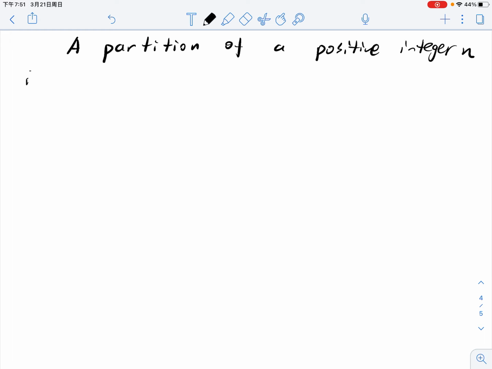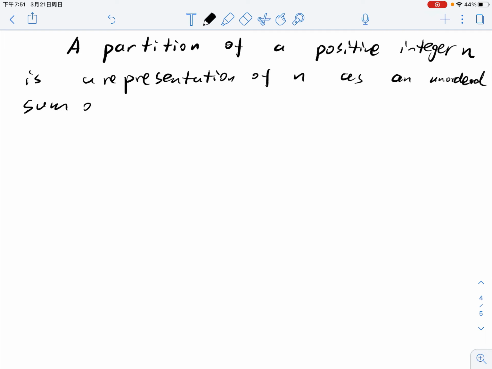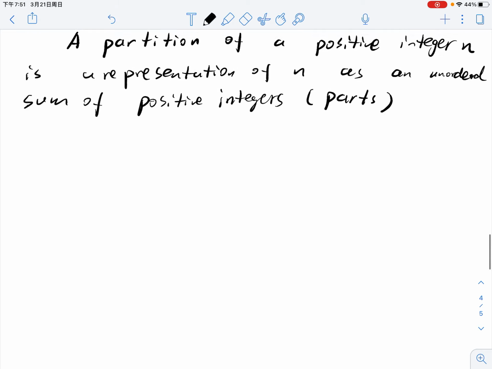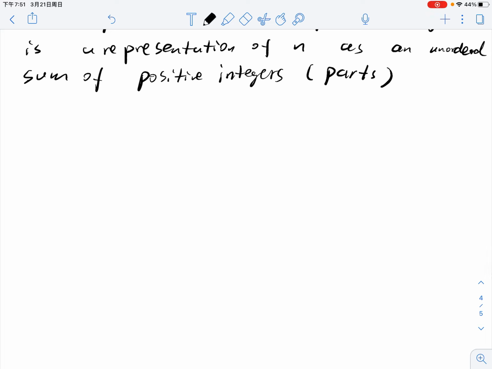A partition of n is a representation of n as an unordered sum of positive integers, and each one is called a part. Generally we call them parts.